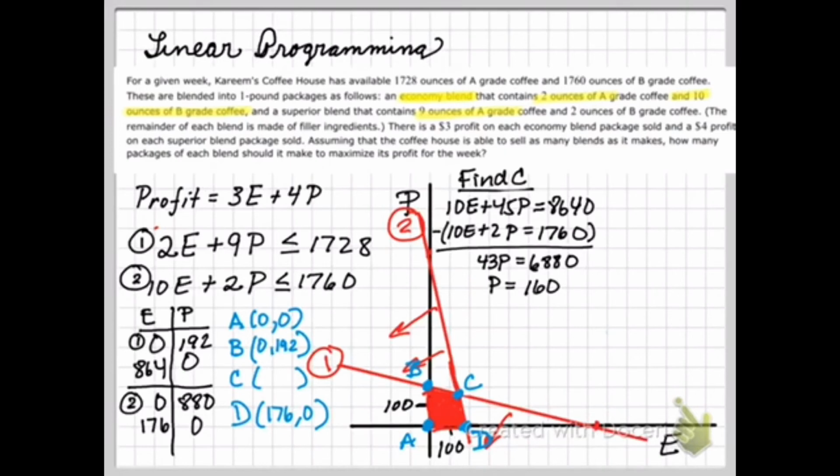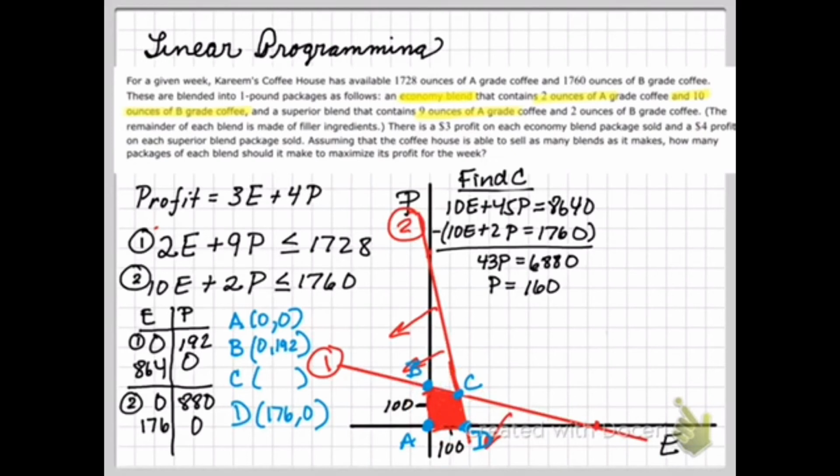All right, now it would be good at this point to stop and see, does that make sense based upon my graph? If I look at C here and I look at my graph scale, does P equals 160 make sense? That's the vertical scale for P. And yeah, it does. I don't have a really accurate graph here necessarily, but it definitely looks like 160 is possible.